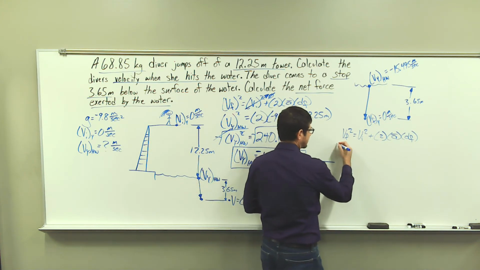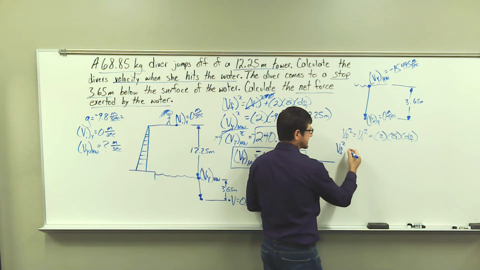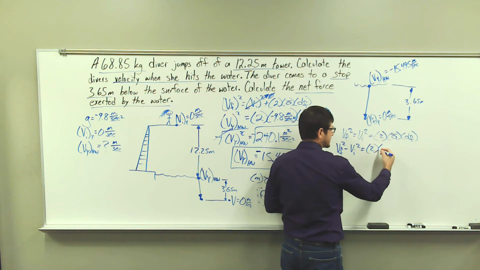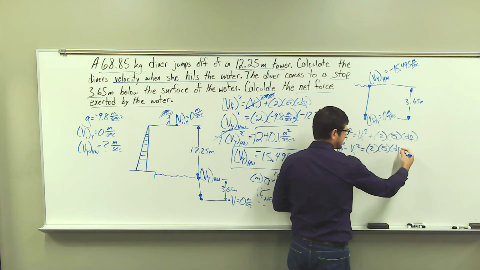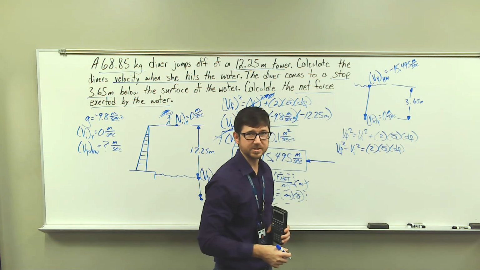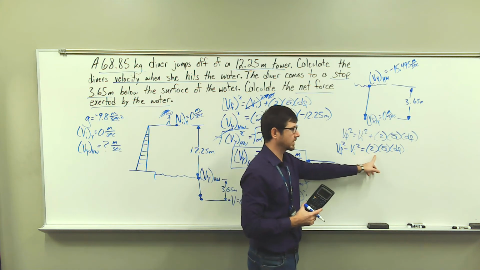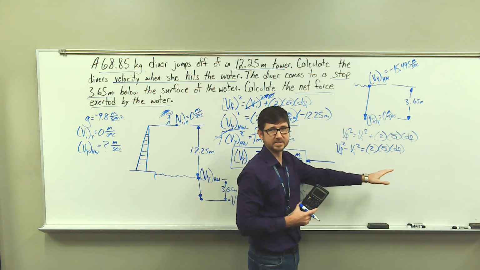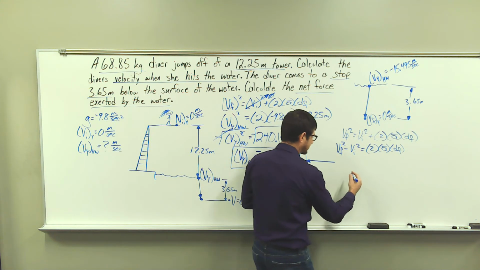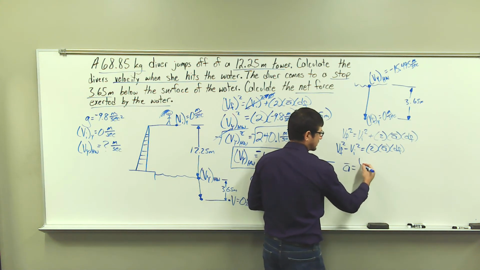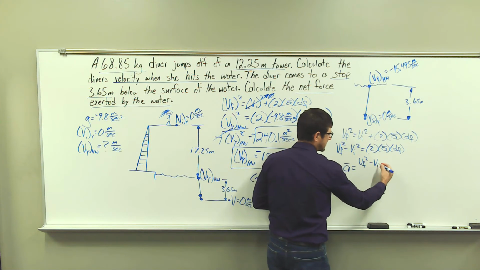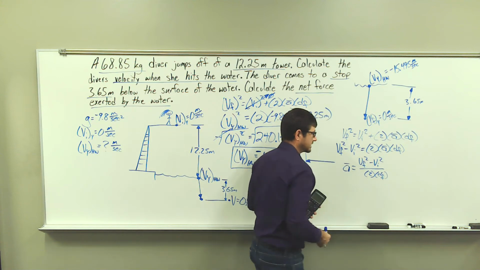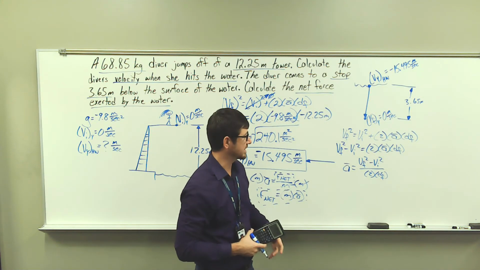So this is going to give me final velocity squared minus initial velocity squared is equal to 2 times the acceleration multiplied by the object's displacement. Now what I want to do is divide by 2 and displacement on both sides of the equal sign. This will give me acceleration is equal to final velocity squared minus initial velocity squared divided by 2 times the displacement of the object, okay?